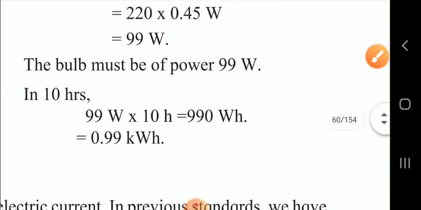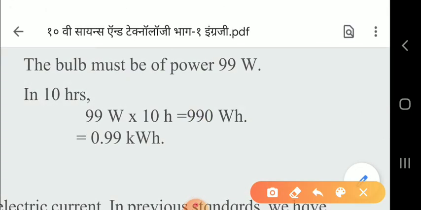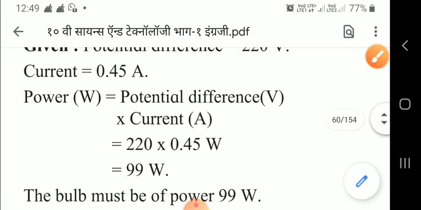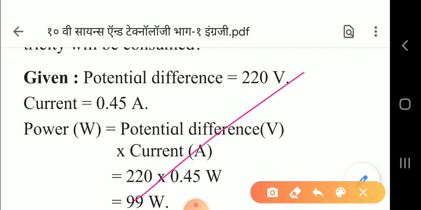In 10 hours, it will be 99 watt into 10 hours, that is equal to 990 watt hour. So it will be 0.99 kilowatt hour. This way. Now this we have completed, but actually it is cancelled for you. This full is cancelled for you.